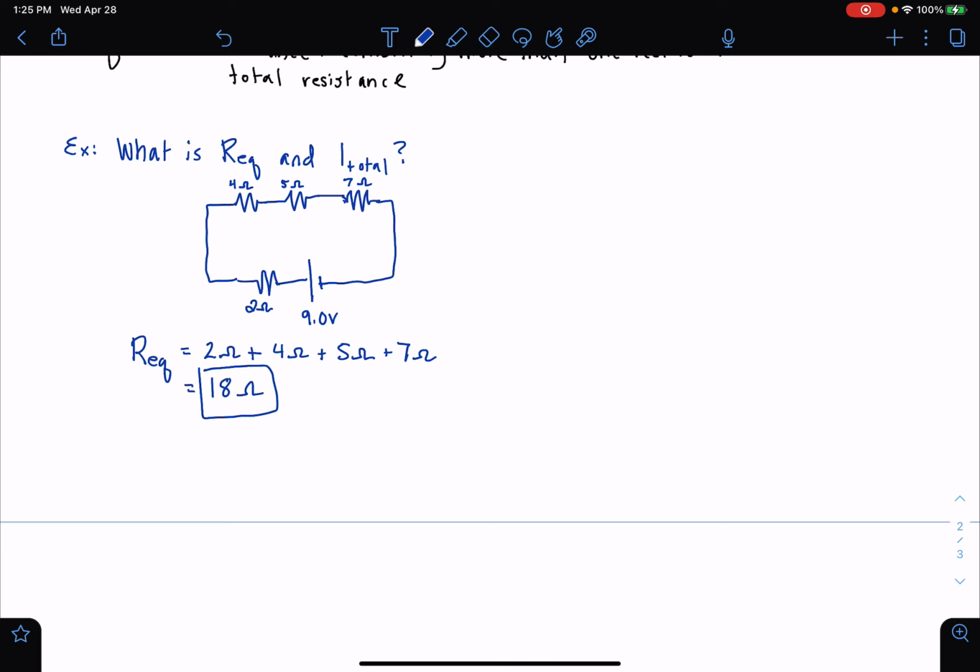To find the total current then, what you're going to do is look at your battery and see what the voltage is and use Ohm's law to solve for the current. So remember, V equals IR.